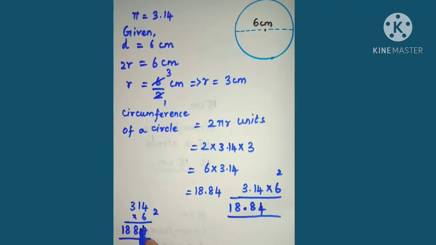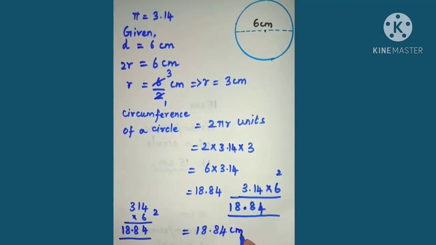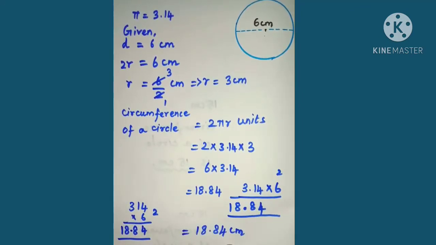So 1, 2, the decimal point will be here, that is between 8 and 8. So 18.84. Thus 18.84 centimeter is the circumference of the circle.